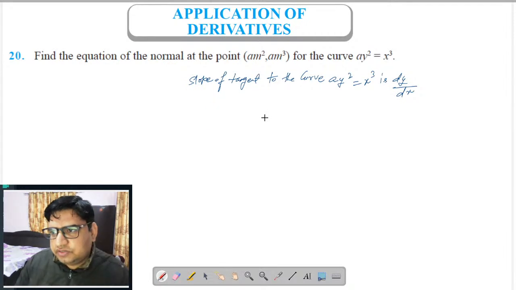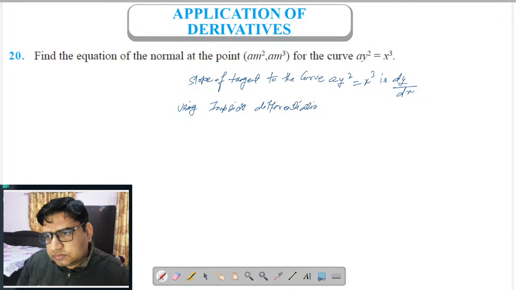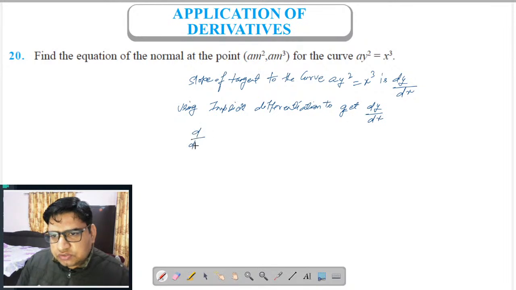In this as well, we will use implicit differentiation to get dy by dx. So we will simply differentiate a y square and x cube.